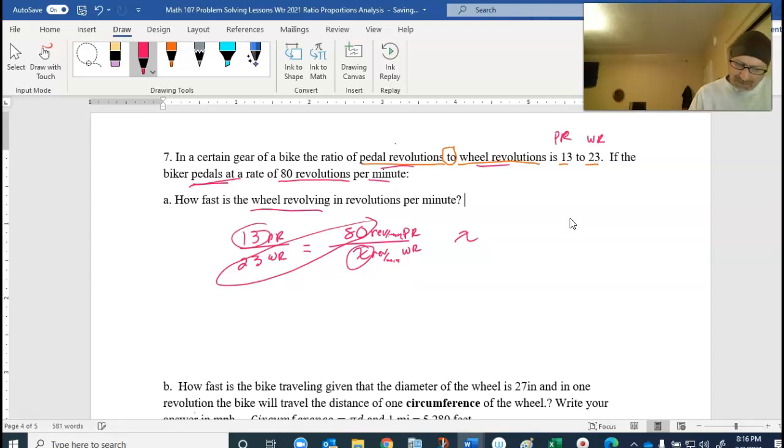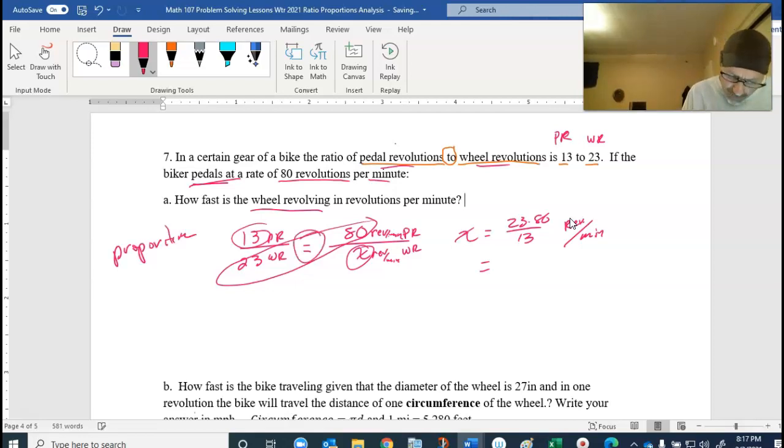So x, which is now wheel revolutions per minute, is going to equal 23 times 80 over 13. I'm just going to write revolutions, because we know we're going to be talking about the wheel. So that's just simple. Now notice this is a proportion, right? Here we used a proportion.